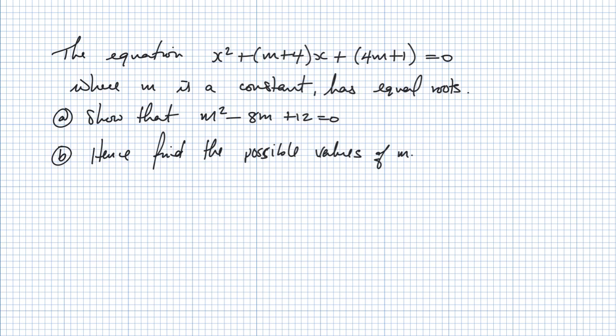This says, the equation x squared plus (m plus 4) times x, plus 4m plus 1 is equal to 0, where m is a constant, has equal roots. Show that you're going to get m squared minus 8m plus 12 is naught. Hence, find possible values of m.